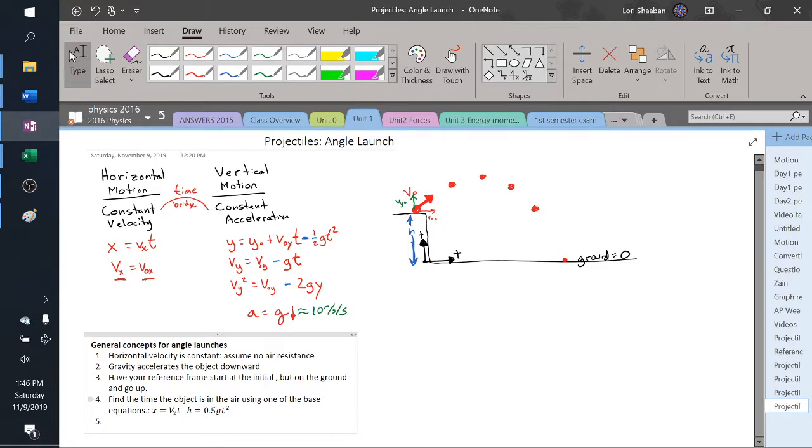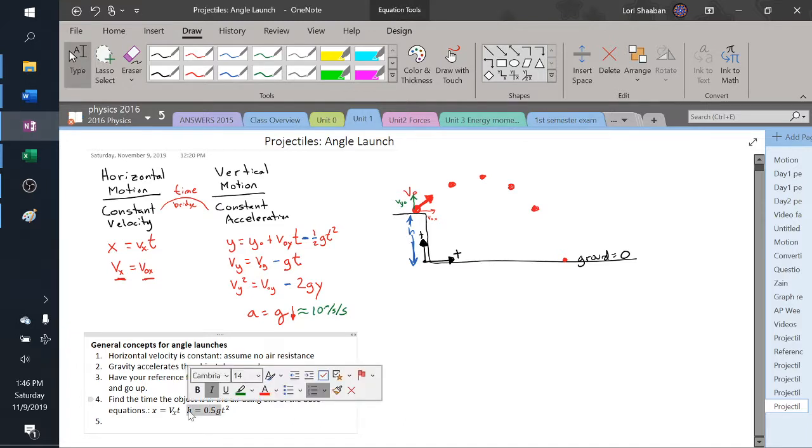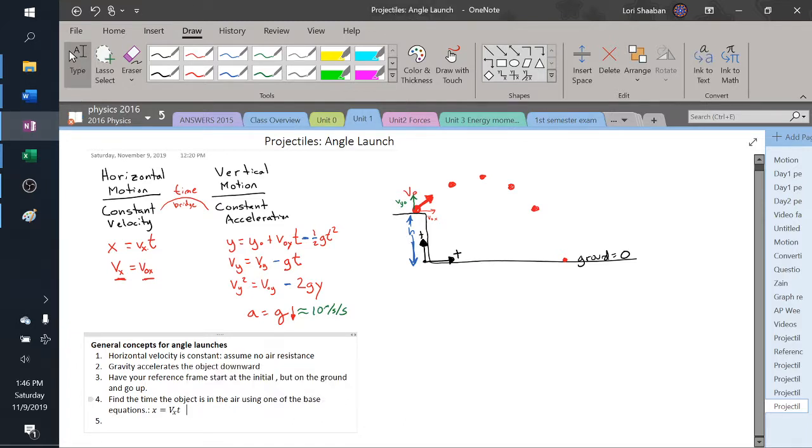Yes, we will want to do that, but instead of using this equation, we're going to have to come up with something because there is an initial velocity here. Still, horizontal velocity remains the same. So this equation is going to be a little bit harder to do with the y direction, so let's take a look.